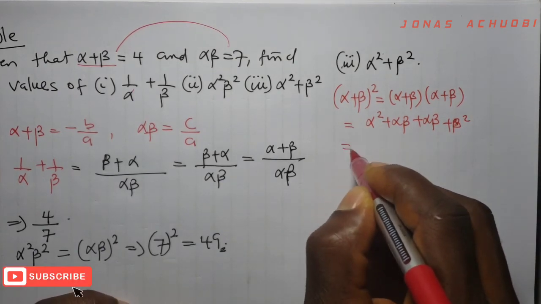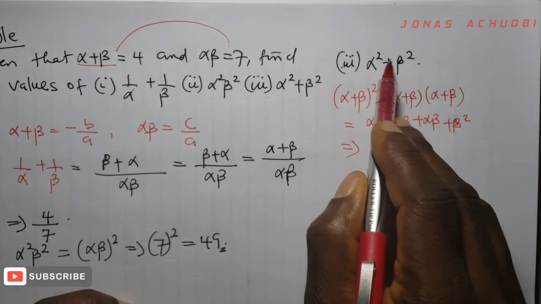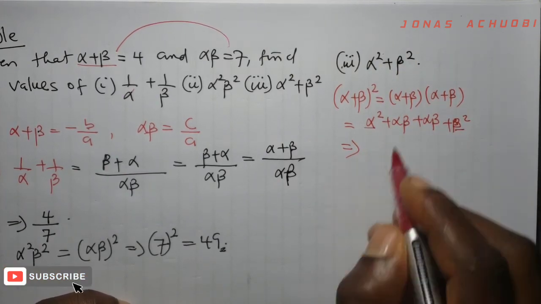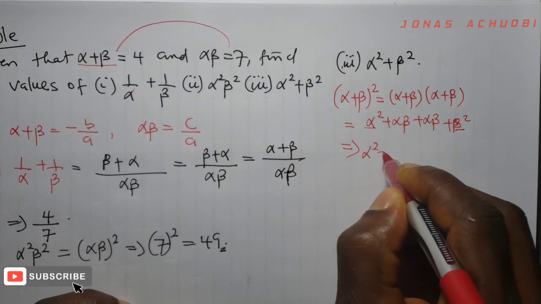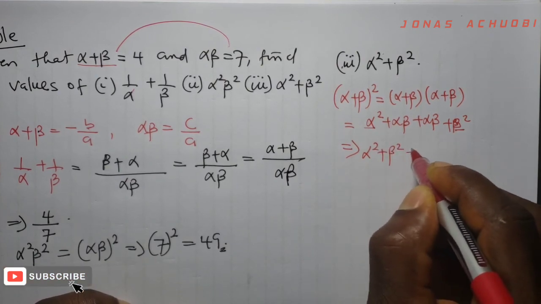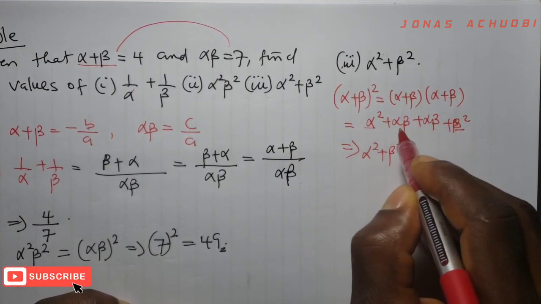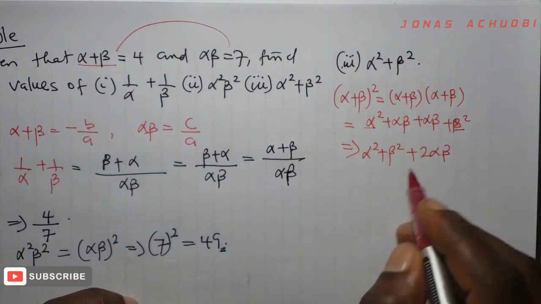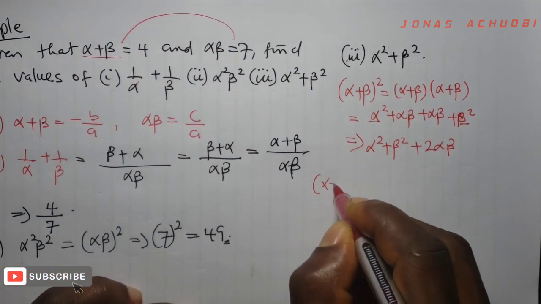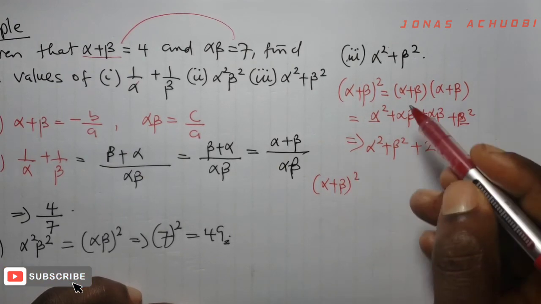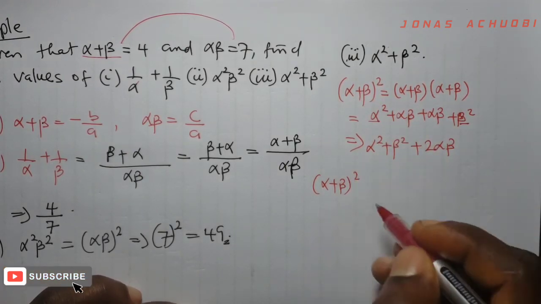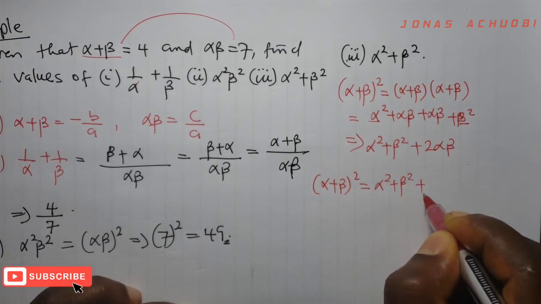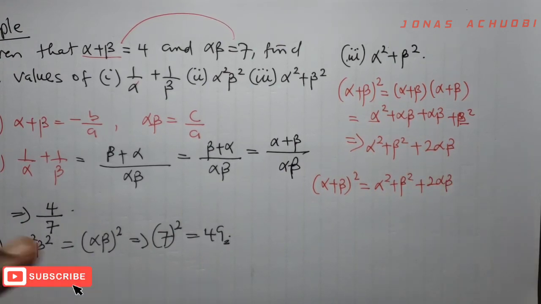So if we rearrange this, we're looking for alpha squared plus beta squared. I've seen alpha squared, I've seen beta squared. So I bring it together: we have alpha squared plus beta squared plus alpha beta plus alpha beta, which is 2 alpha beta. So what does this mean? This means that alpha plus beta all squared, the square of a sum, is equal to alpha squared plus beta squared plus 2 alpha beta.